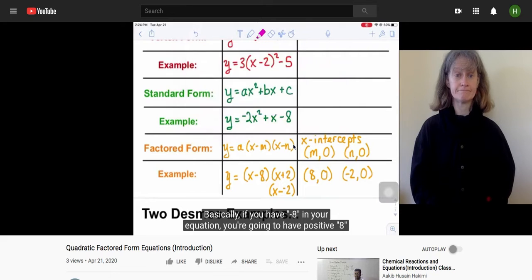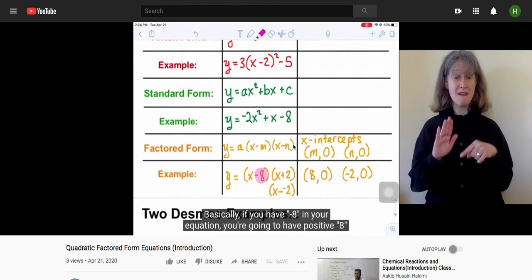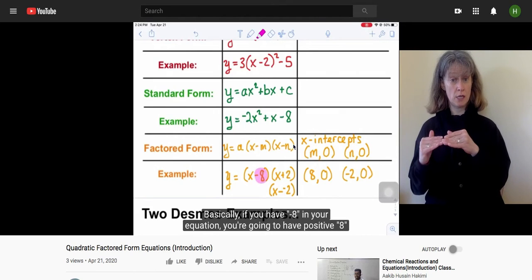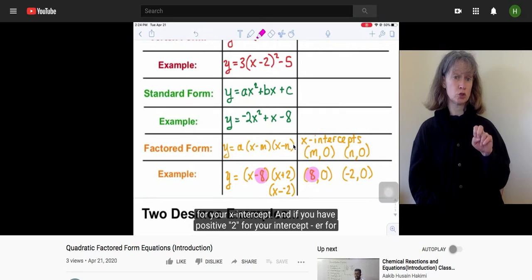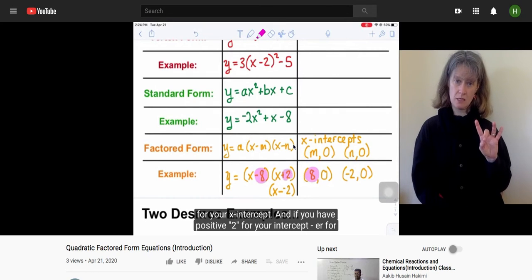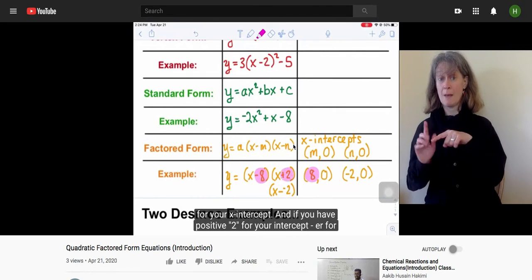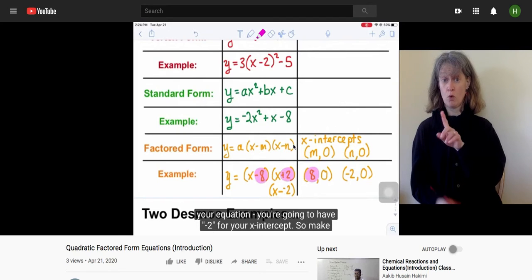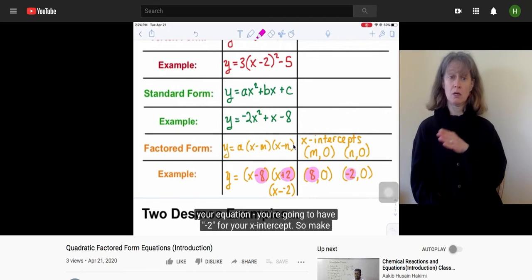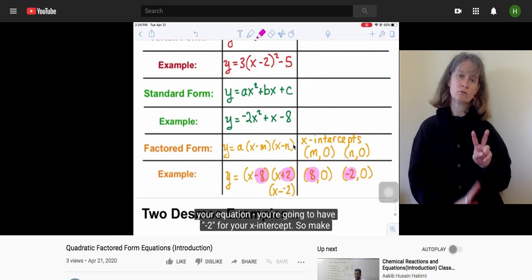Basically, if you have negative 8 in your equation, you're going to have positive 8 for your x-intercept. And if you have positive 2 in your equation, you're going to have negative 2 for your x-intercept.